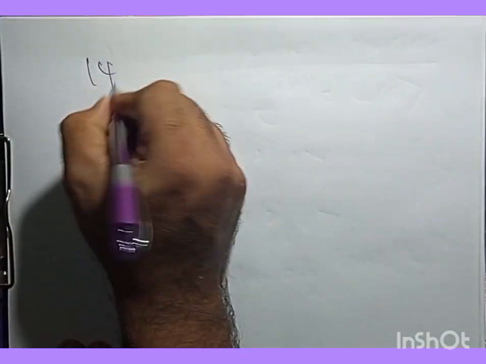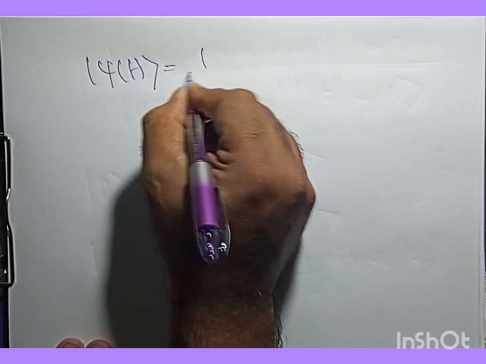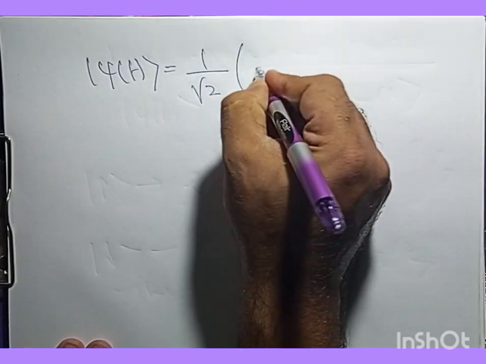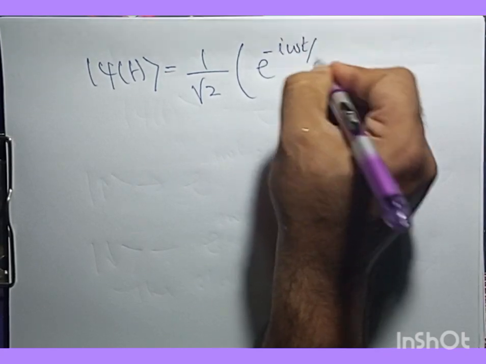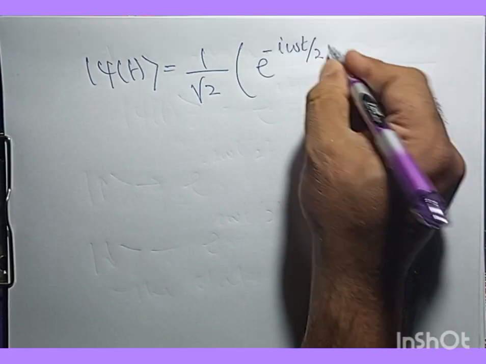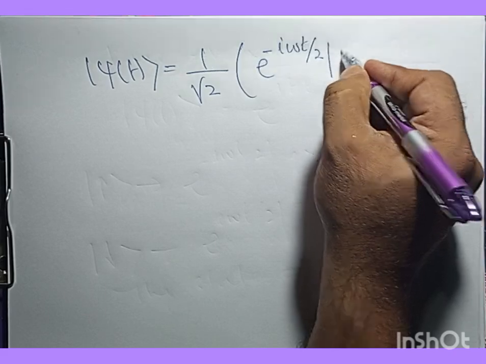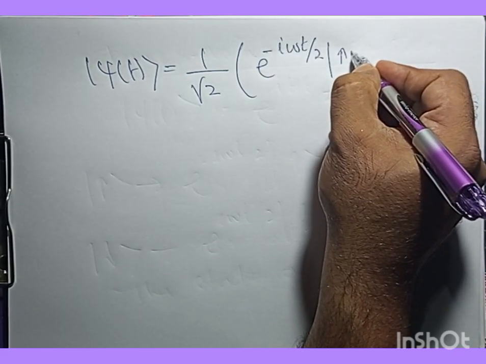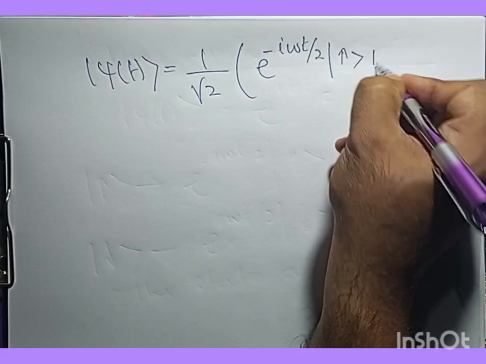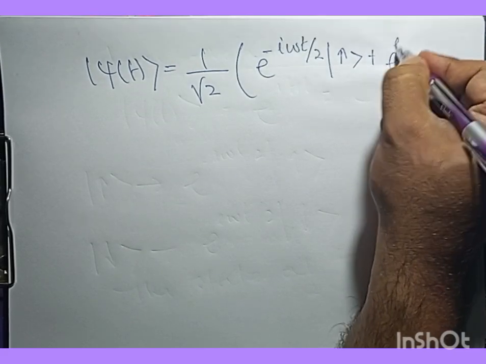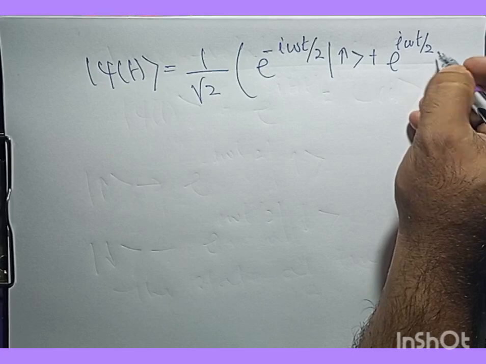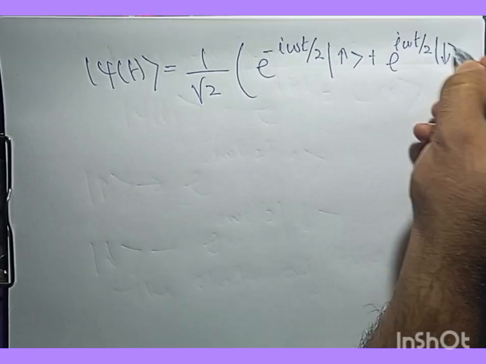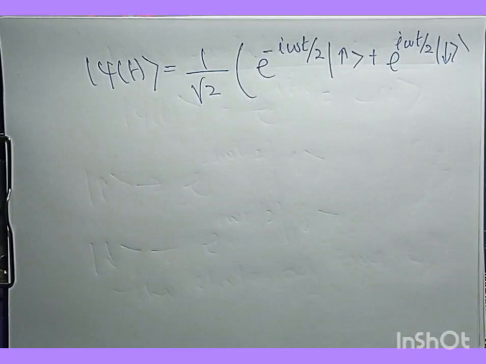The state psi of t will be 1 by root 2 of e to the power of minus i omega t by 2 spin up, plus e to the power of i omega t by 2 spin down. This will be the result, right?